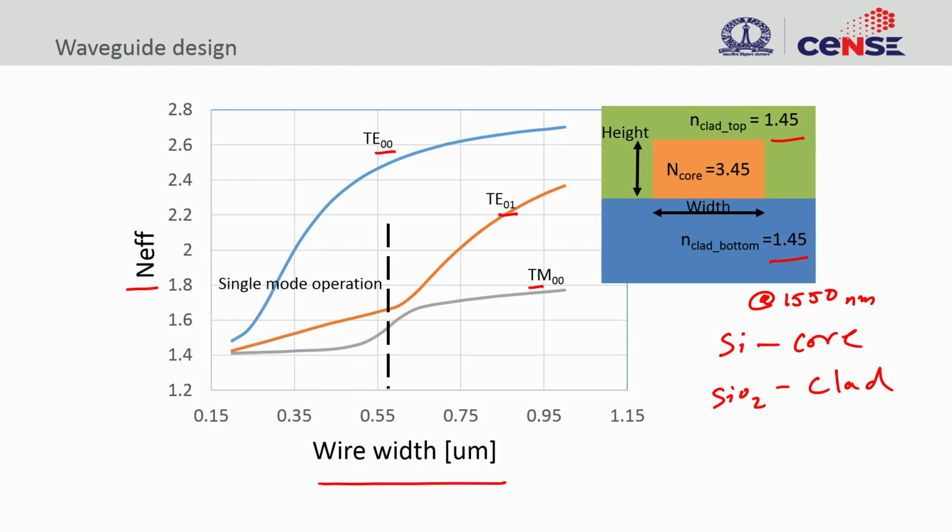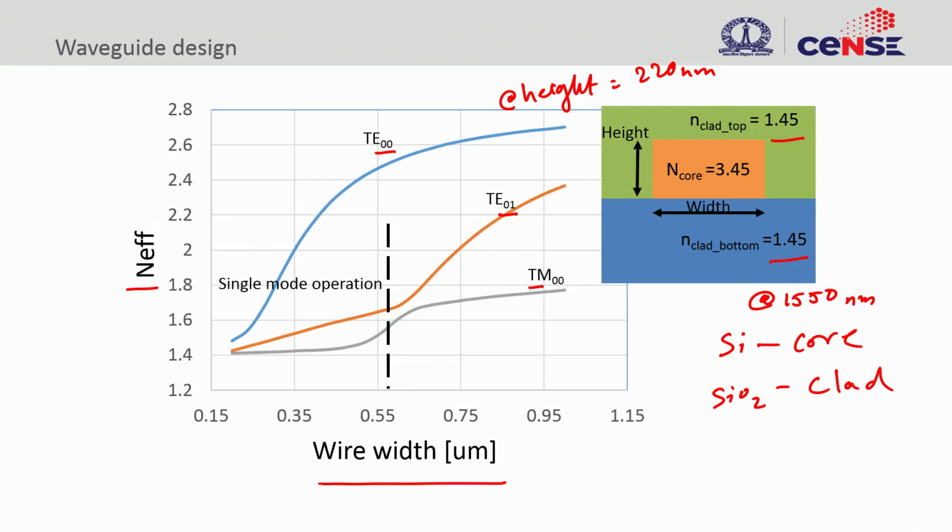In this case it is perhaps about 220 nanometers, let us say. So you get all of this N effective calculated, either through numerical methods or you can also do it analytically.